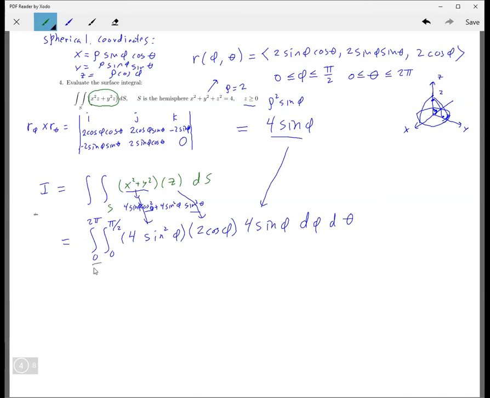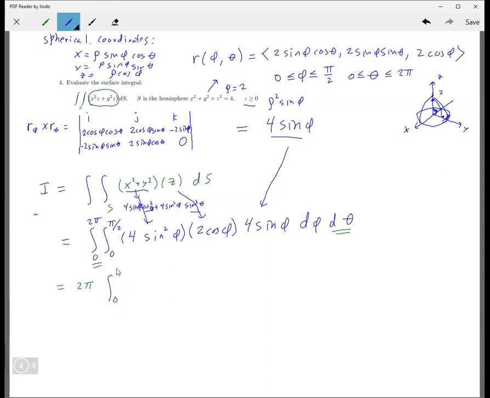Okay, now there's no thetas in here at all. It's all phis. There are no thetas in here. So that means that this is just going to be 2 pi. And then you have a 4, wait, we'll leave that there.